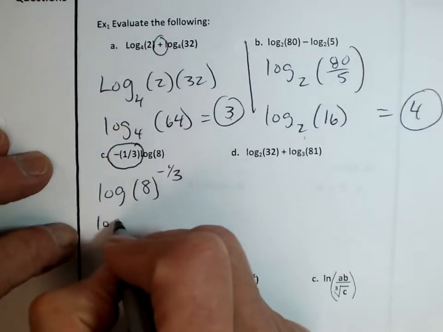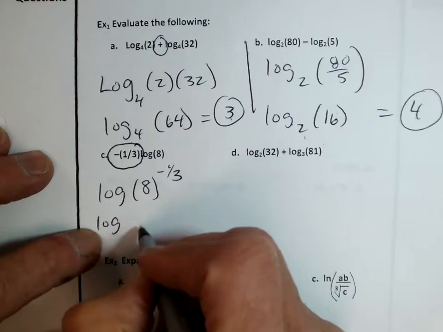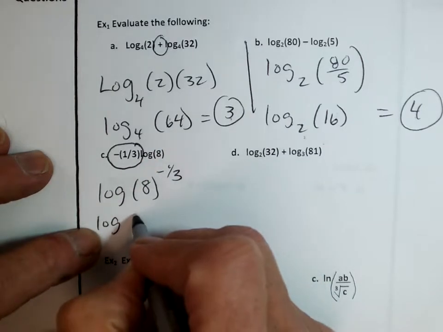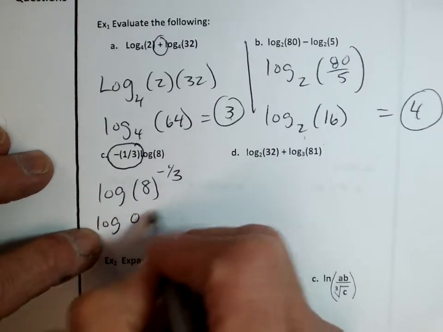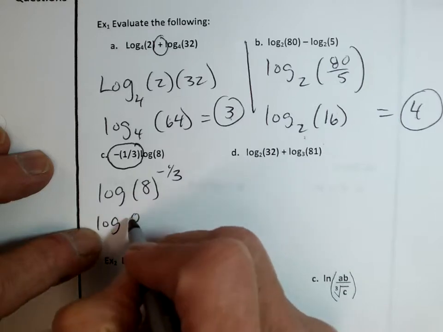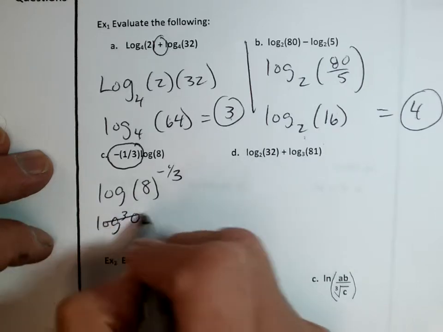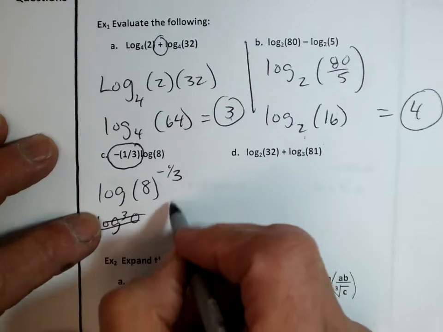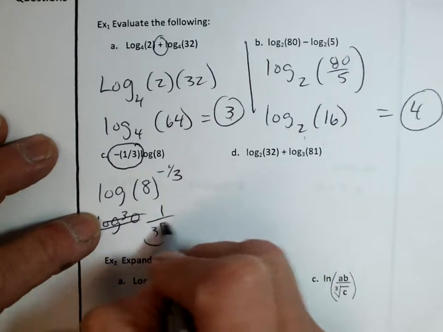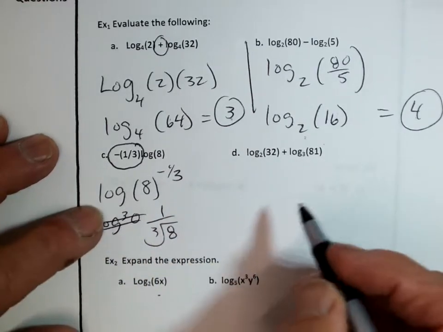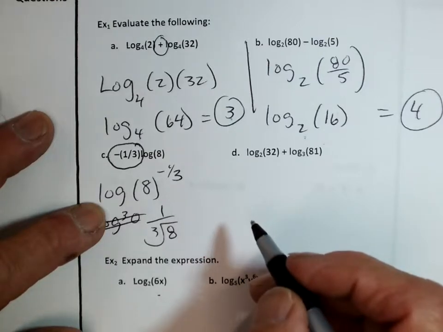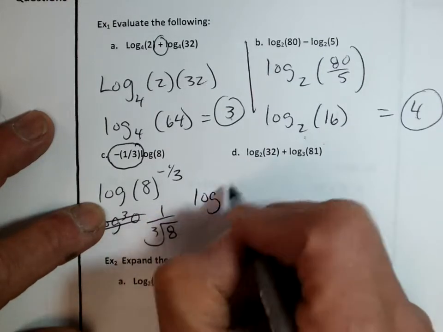Well, let's make this a cube root. Oh, I'm messing this up. Let me rewrite this as 1 over the cube root of 8, which is 1/2. So I'm going to get a log of 1/2.